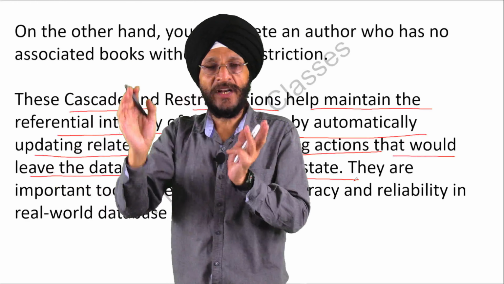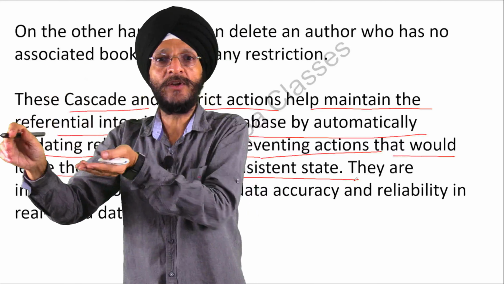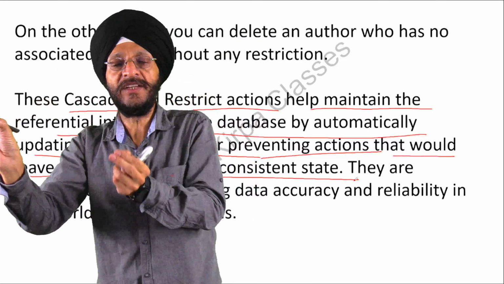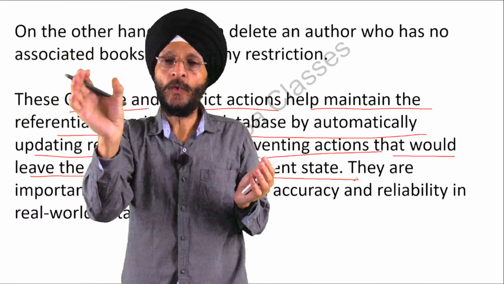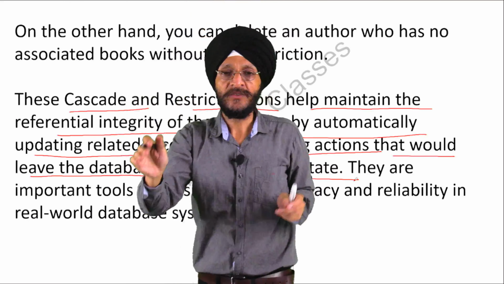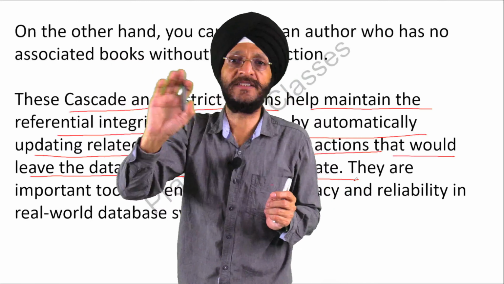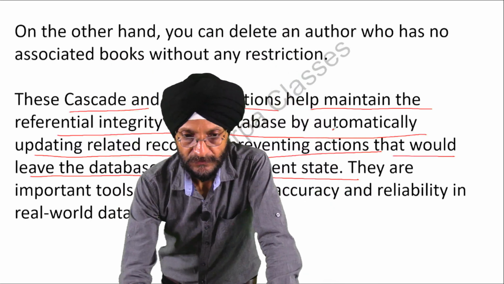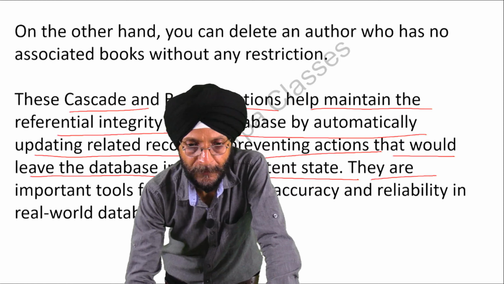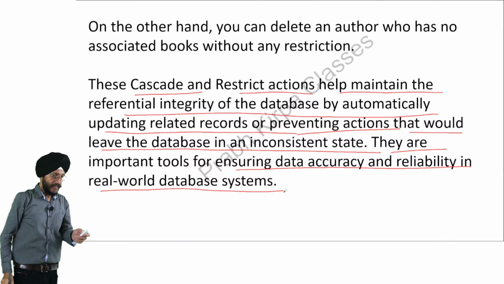And when you try to find out from the system itself who is the author of the particular book whose author ID is appearing, there will be no author available in the record of the database. So it will result in some form of inconsistent state. They are important tools for ensuring data accuracy and reliability in real world database systems.